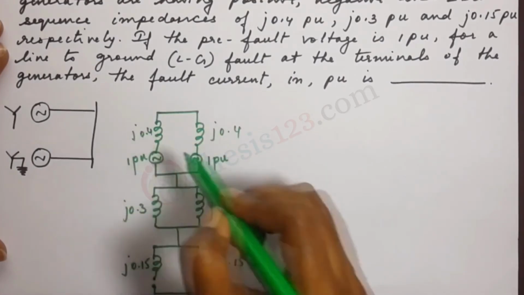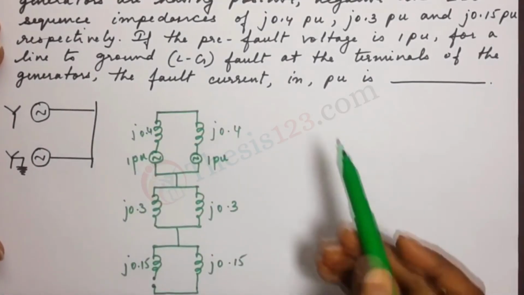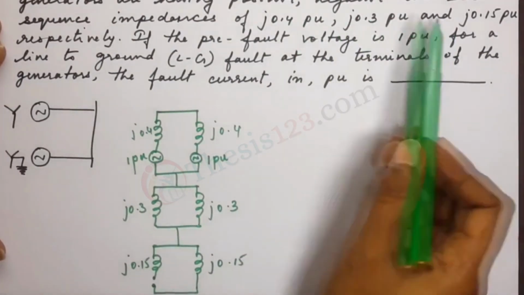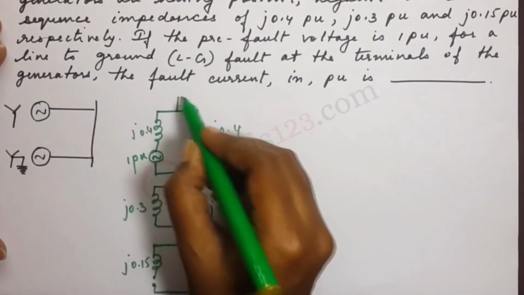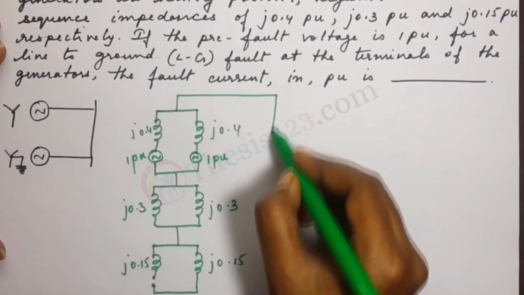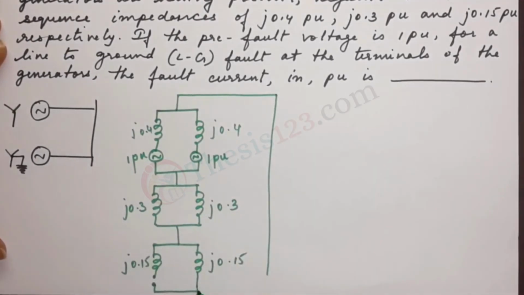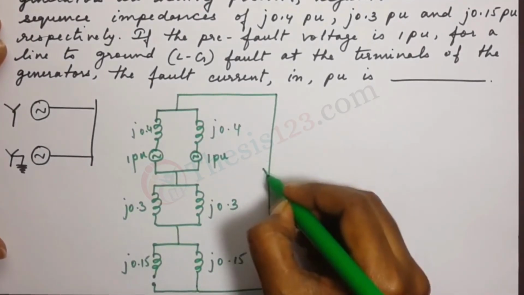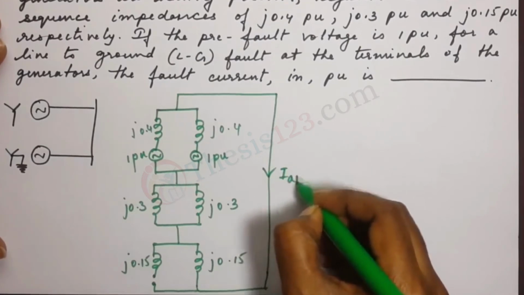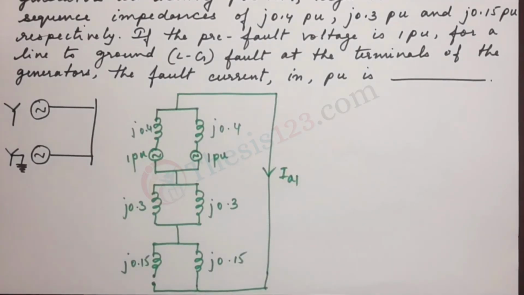This is also j0.4. Okay, so we have written down the positive, negative and zero sequence impedances, and let's call the current that passes through here as IA1. Alright, so this is what we have.